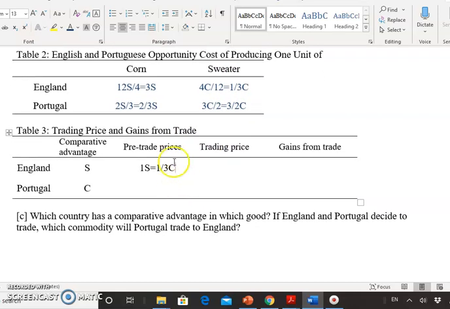Now remember here the price is expressed in relative terms. In other words, how expensive or how cheap a sweater is, is always expressed in units of the other good. So we don't have any dollar amount here. Again, as I said many times, in the first half of this course, we would like to focus on the real economy, so you don't have to worry about the monetary things. Now let's look at Portugal.